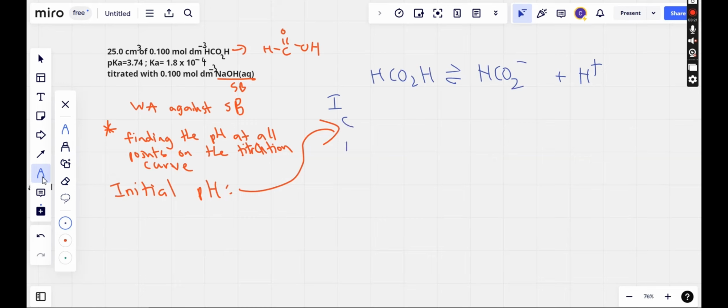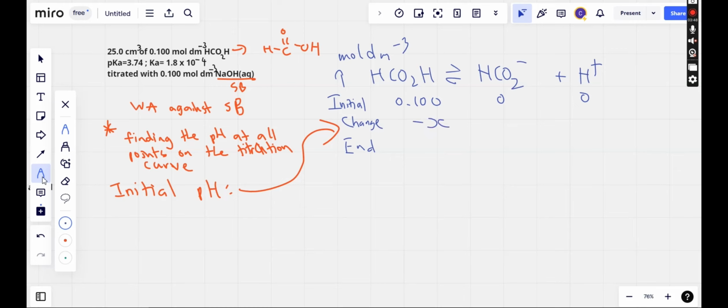So ICE table. Those of you should know this by now, but ICE basically means initial, change, and end. Here I would like to put concentration. So the concentration initially of methanoic acid is 0.100, and 0 of these.